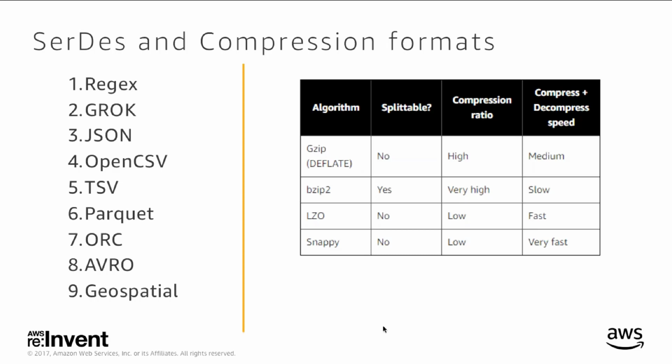Now I'll leave the compression formats for you to explore, but there are a number of different compression capabilities as well. It is important to note that when Athena reads the data and charges you for the data that you scan, we charge you on the exact data scanned, which means that if your data is compressed, we will only charge you for the compressed data.